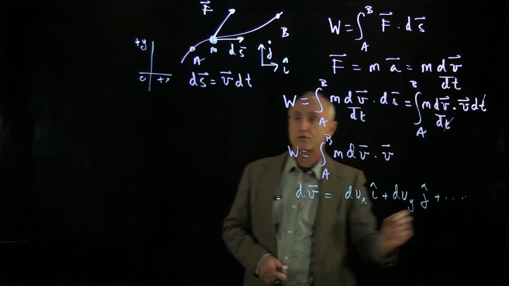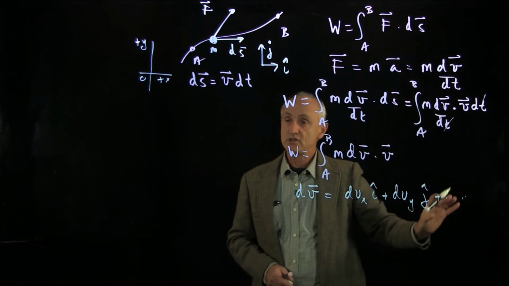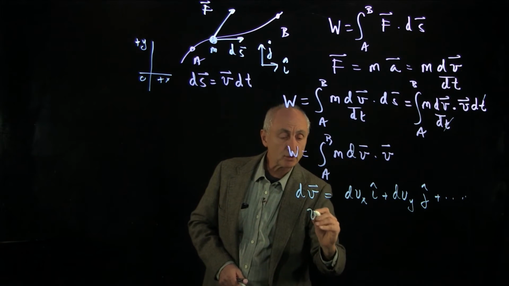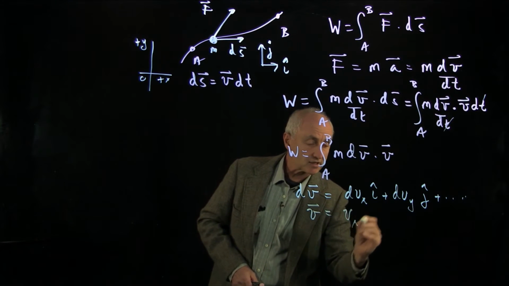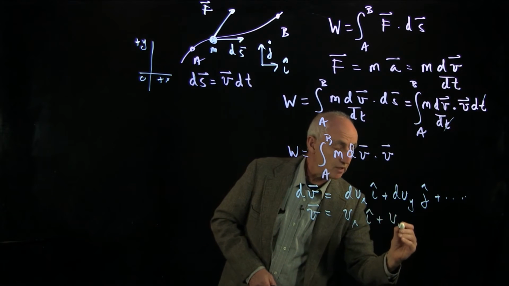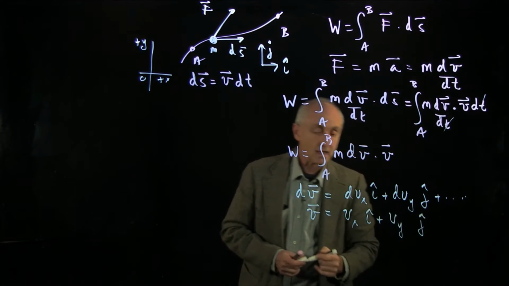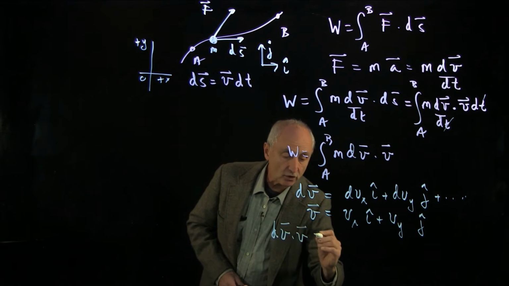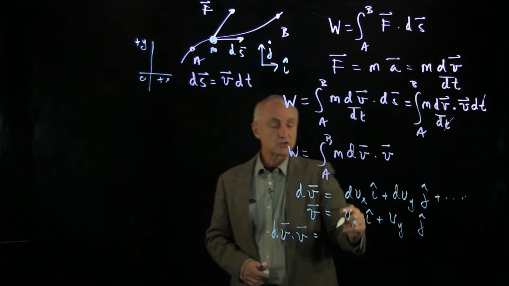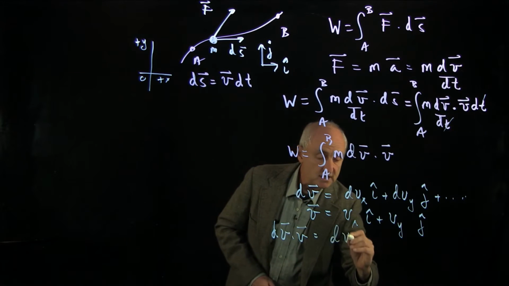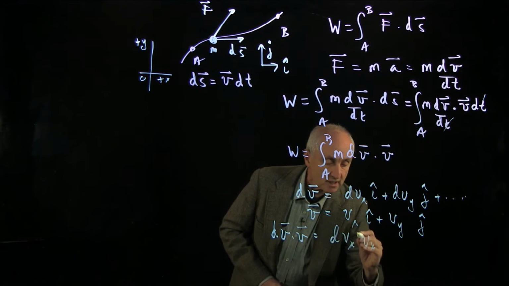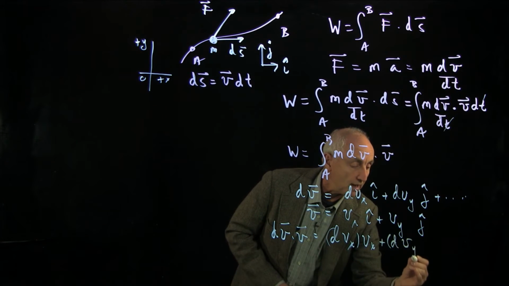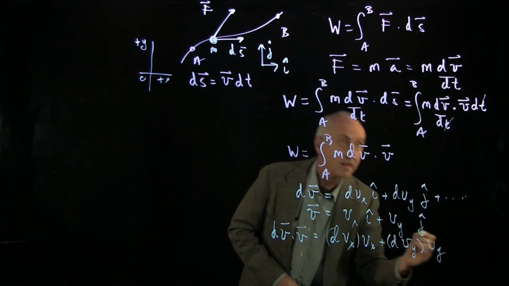Now, if we were to go into 3 dimensions, we would have dvz k hat, but I'm just going to do this in 2 dimensions. Similarly, the velocity is vx i hat plus vy j hat. And now when we take the dot product, as we've learned in Cartesian coordinates, it's just the components, dvx vx, and I'll just do a little parentheses there, plus dvy vy.